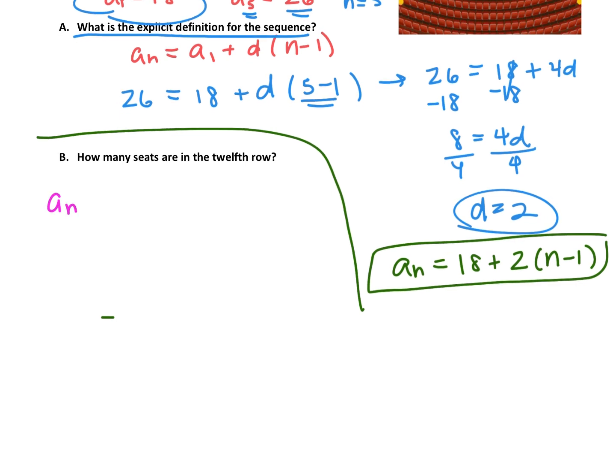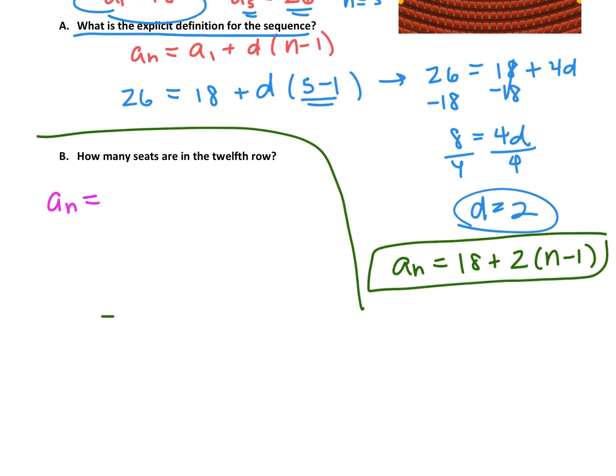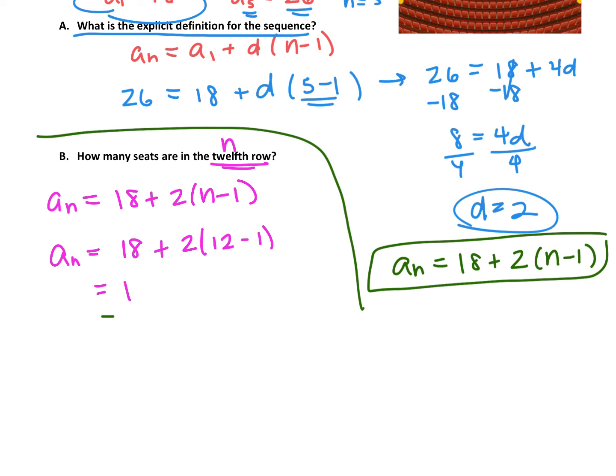A sub n equals 18 plus 2 times n minus 1. Okay, if you want the 12th row, that's the 12th term. That's an n value. So a sub n equals, we're just going to plug in a 12 for the n. 12 minus 1. And then we just keep simplifying.